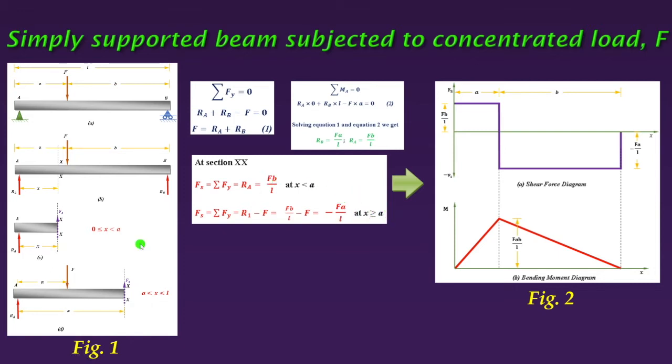Now, using these two equations, we can draw the shear force diagram. This shear force diagram starts from Fb by L, which is calculated here. Let us continue up to point A, and at A, due to the addition of this force F, the shear force decreases from Fb by L to minus Fa by L. So this is the diagram, and then again constant.